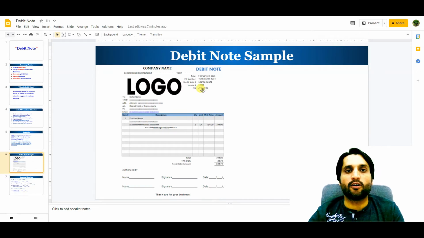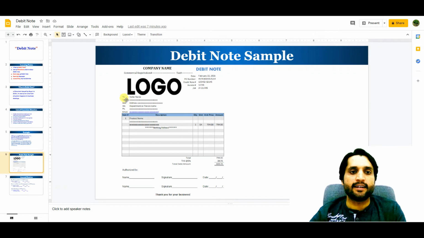The voucher you have already entered in your system against this invoice, you mention for ease of finding that voucher. And here you mention the seller name, address, attention, phone numbers and email address.